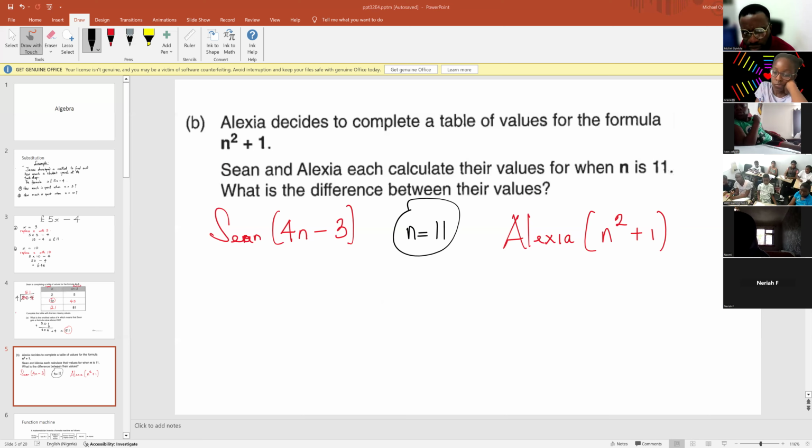Can everyone see? Okay, so calculate for Sean, calculate for Alexia when n equals 11. Let's see what your answer would be.